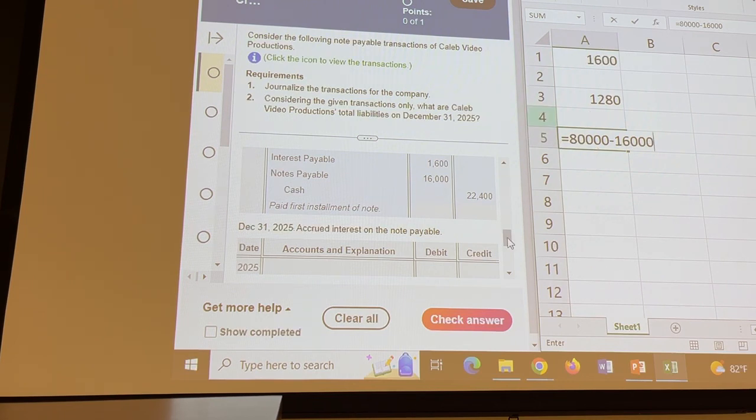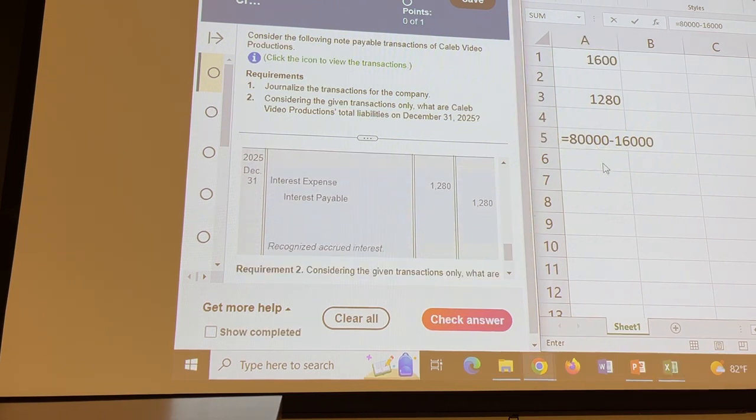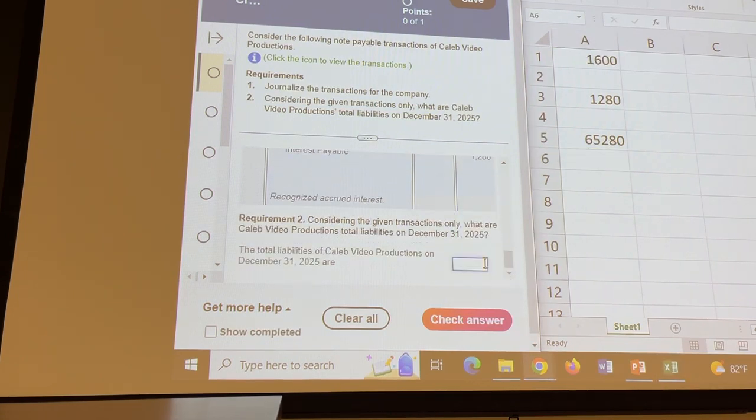And then the piece that you might forget is that we now have interest payable of $1,280. So we have to add, that's a current liability, but still a liability. So we have to add that $1,280. So that would be total liabilities of $65,280.